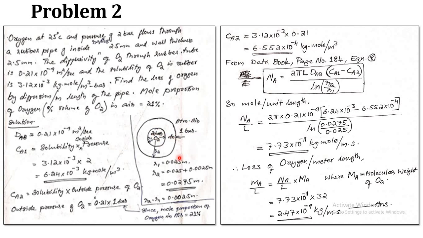The mole proportion of oxygen in the outside atmospheric air is 0.21. It is maintained at 1 bar, so the outside pressure of oxygen will be that mole proportion multiplied with the total pressure of the air, that is 0.21 bar. So CA2 will be equal to solubility multiplied with the outside pressure of oxygen, that is 0.21 bar, equal to 6.55.